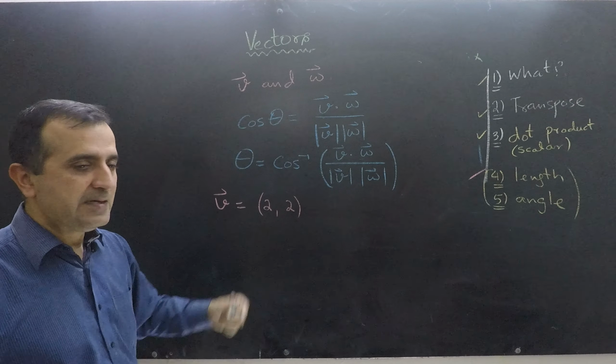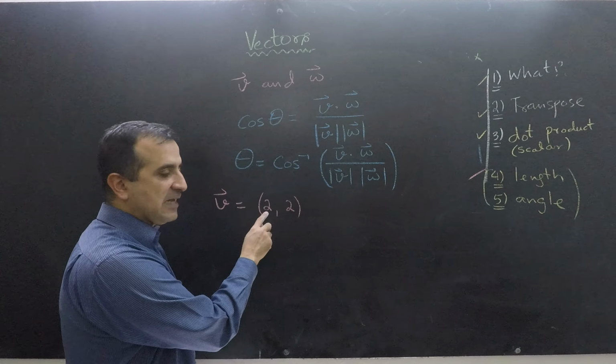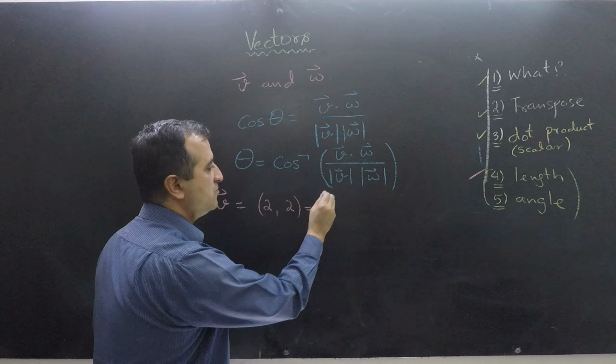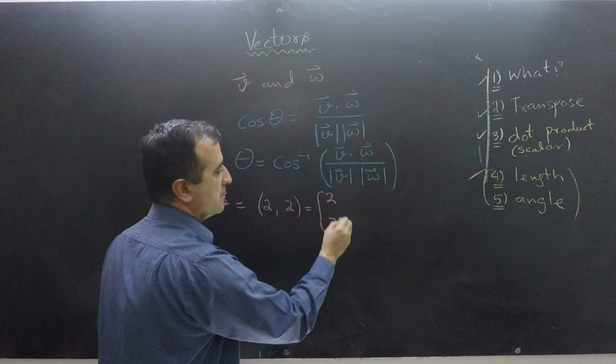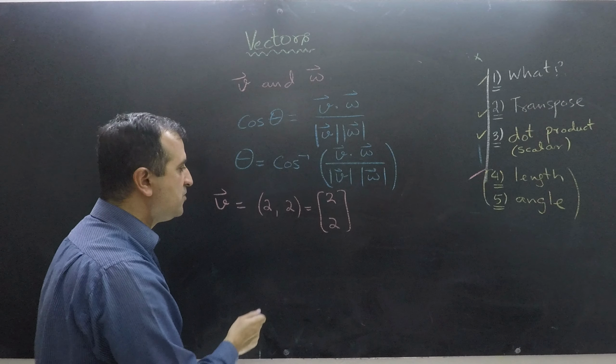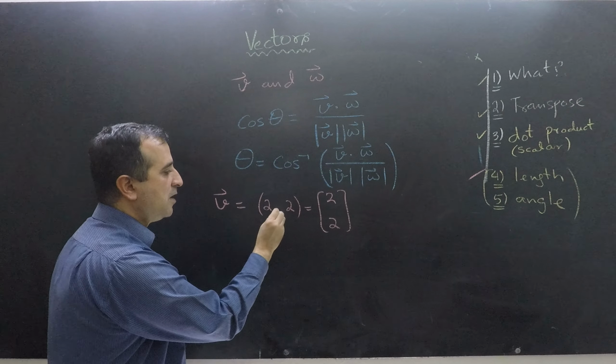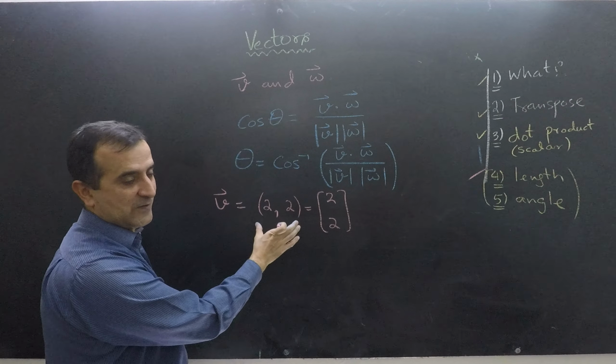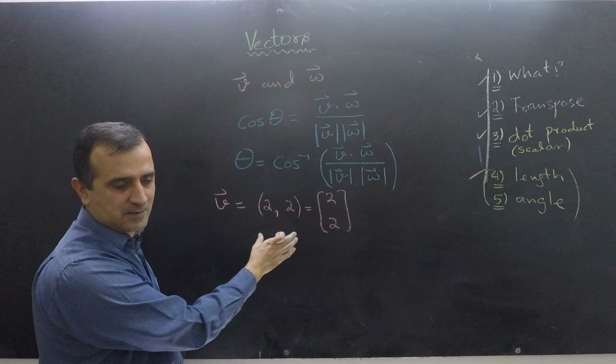Basically this notation means that this is the first element of my vector, and this is the second element of my vector. This notation is equivalent to this notation, 2 and 2. So these two notations are equivalent. When you write a vector like this, you have to put a comma in between, otherwise it looks like the transpose of a vector. It's not a transpose of a vector.